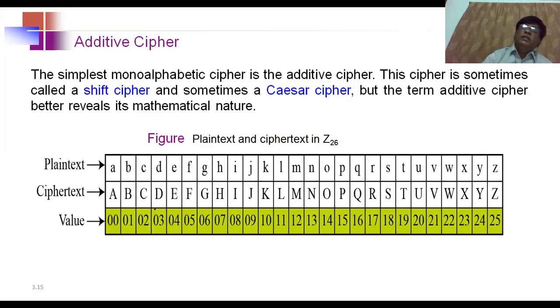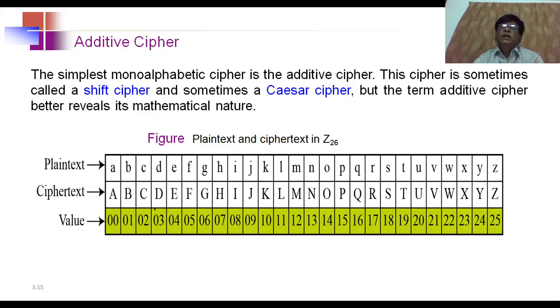If I use numeric values in place of the alphabets, it is possible to perform addition, multiplication, subtraction, or any operation on the characters, because these characters are assigned integers. That's why I can perform any addition or subtraction.